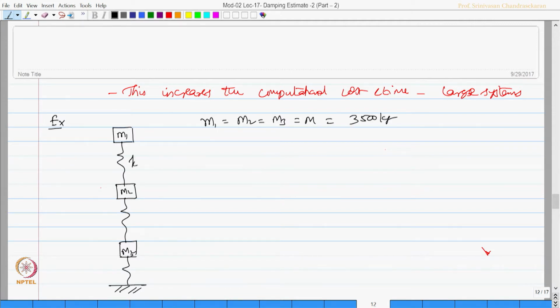This is K1, this is 1.5 K1, this is 2 K1 and K1 is simply K, which is 1500 kilonewton per meter.